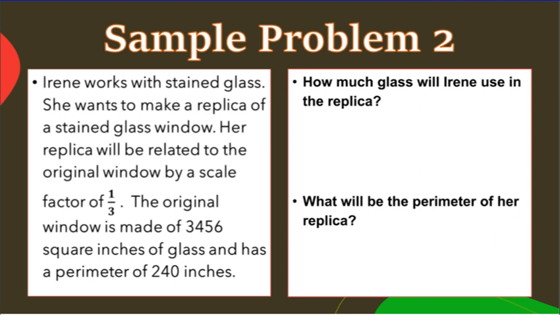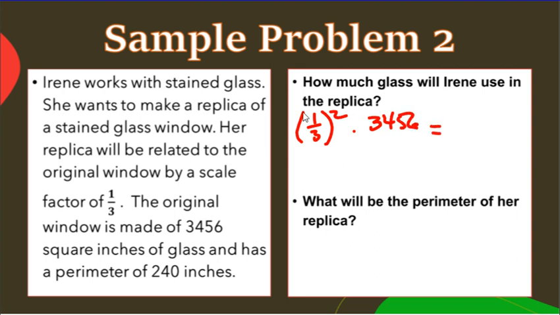Since the area of the original window was 3,456 square inches, the scale factor is 1/3. So when we're finding area, we would have to square the scale factor. So we would have 1/3 squared times the number of square inches, which would be 3,456.